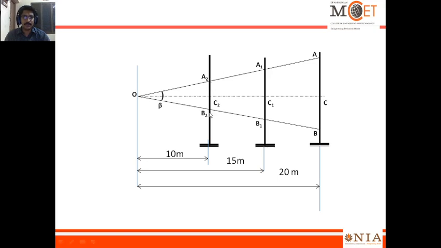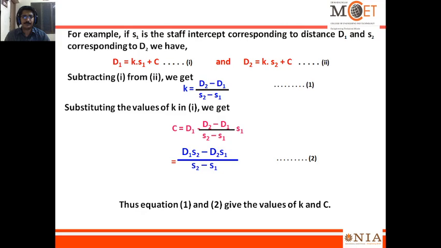The top minus the bottom reading, that you will get. So 10 is equal to K times the difference S1, plus C, the first equation. Similarly for the second equation, 15 is equal to K S2 plus C, where S2 is the difference of the second set of readings. Similarly for the third equation, 20 is equal to K S3 plus C.